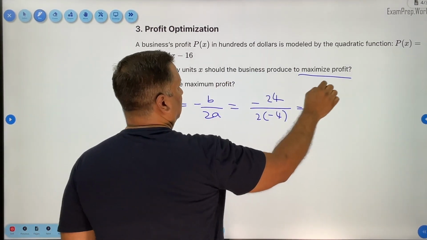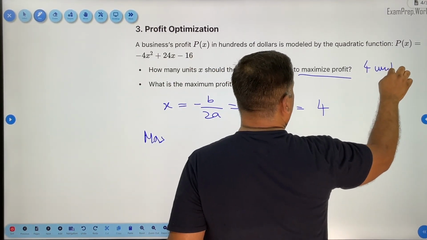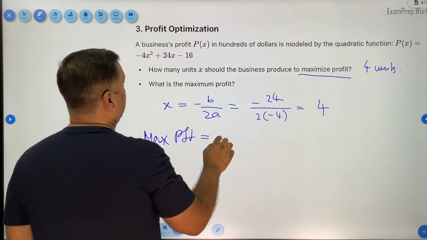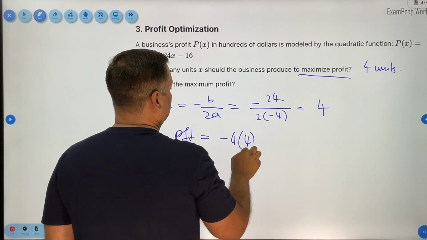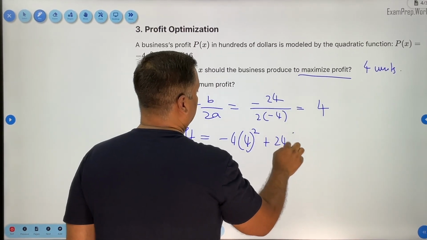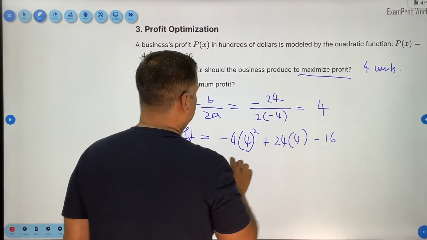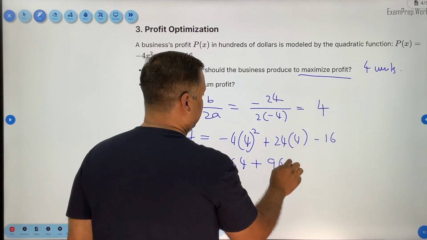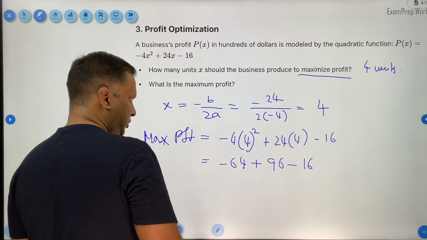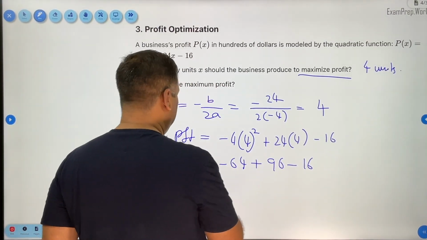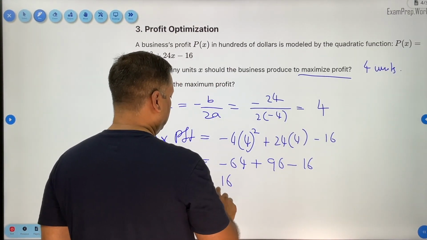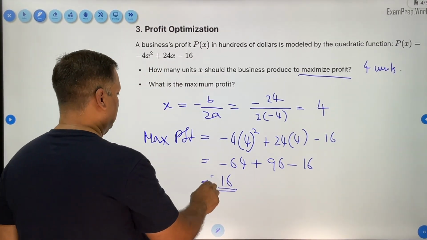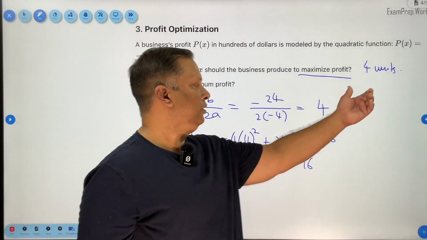Minus 4 squared plus 24 times 4: negative 16 plus 96 minus 16. 80 minus 64 is 16. They will make $16 as maximum profit by selling 4 units.